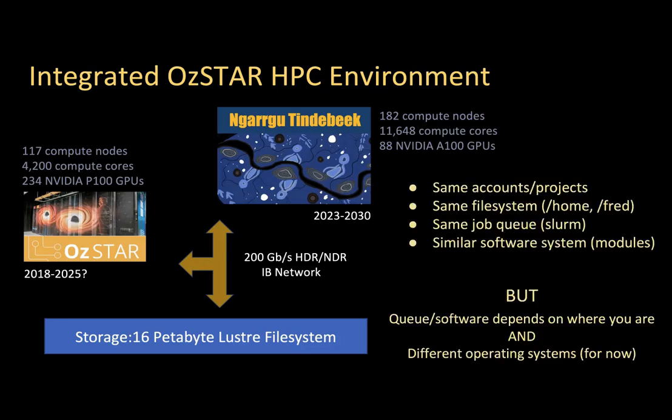So let's focus now a little bit on what's the same and what's different if you're trying to access the new machine versus what you might already be familiar with on OzSTAR. Firstly, it's the same account system and the same projects. So if you already have an account and you already have a project, there's no need to do anything new or get a new account to access the new machine. It's the one account system and the one project system.